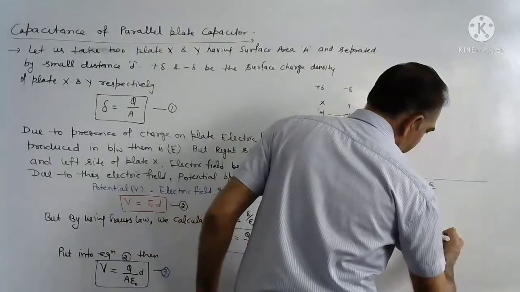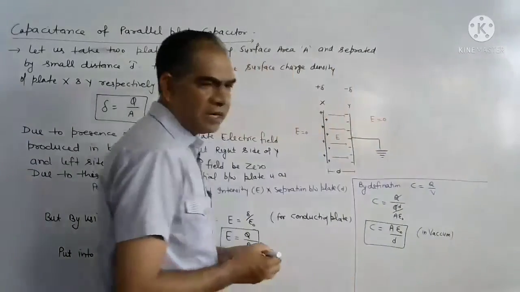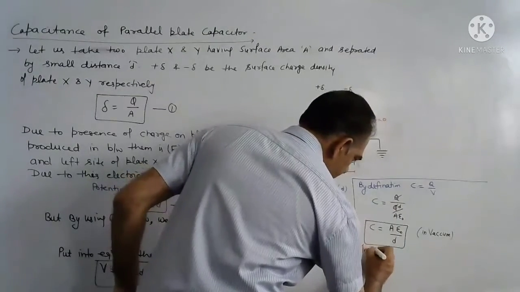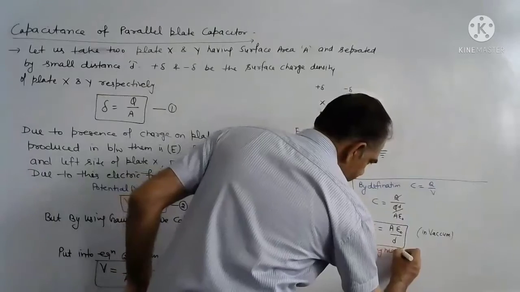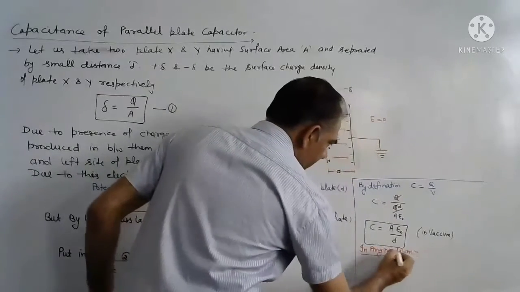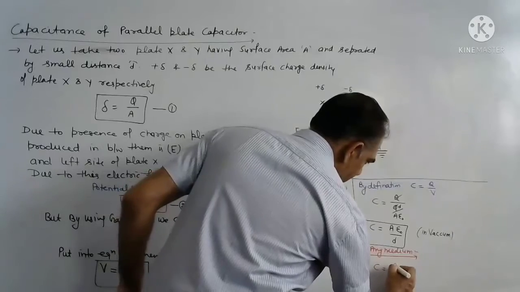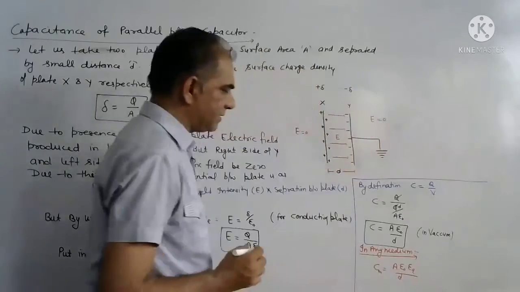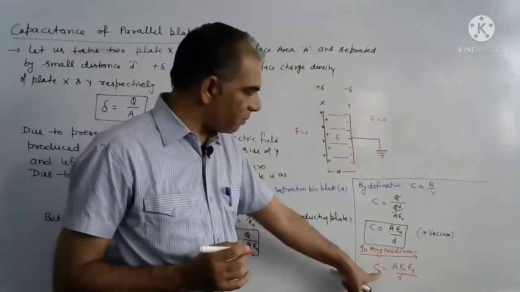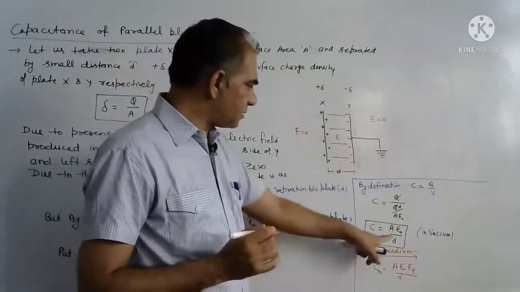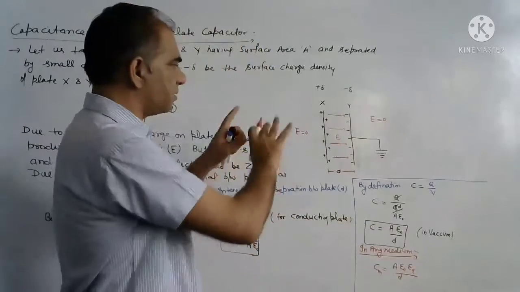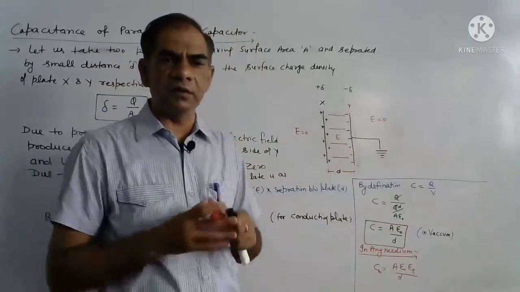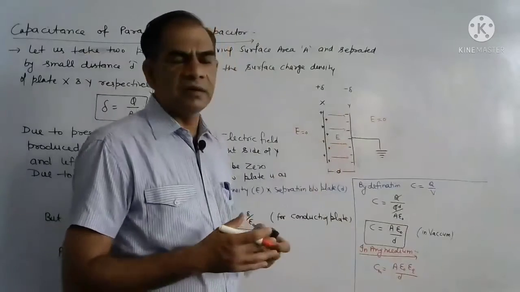In any medium, the capacitance C is equal to A epsilon naught epsilon R upon D, Cm. We can say that Cm, M stands for medium, and epsilon R, the relative permittivity, changes, but there is no change in the dimension, meaning there is no change in the separation between plates, and no change in the area of the plate.